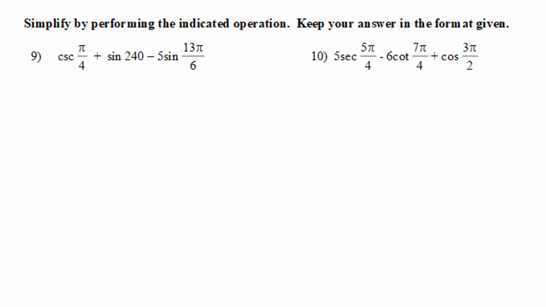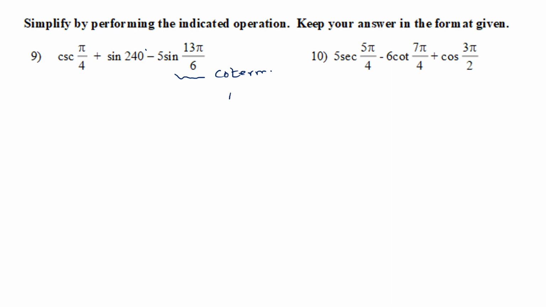Okay, we have a few others to go through and practice. We have cosecant of pi over 4 plus sine of 240 degrees minus 5 multiplied by sine of 13 pi over 6. Okay, I first see that I'm going to need a coterminal angle for 13 pi over 6. That's over 2 pi.